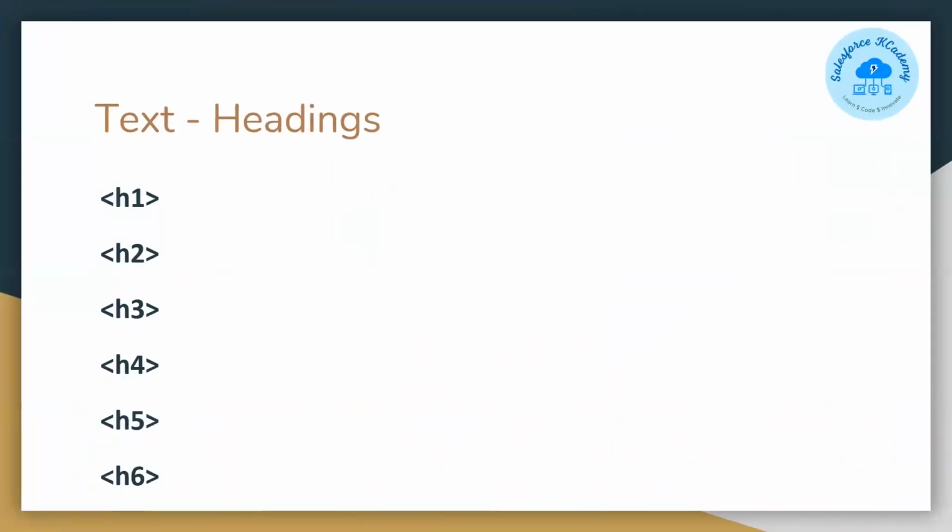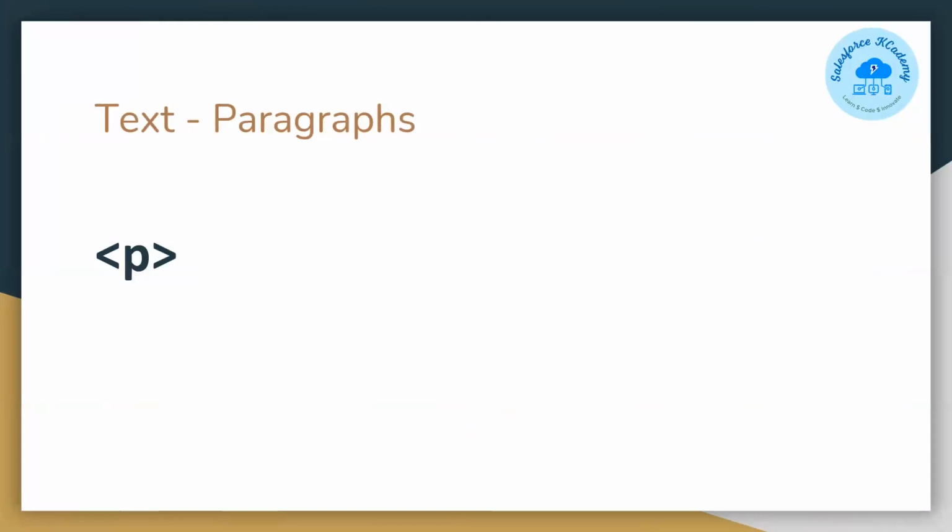Now then we have seen the text headings from H1 to H6. Then we have seen the paragraphs, and we have seen the examples. Then we have covered bold, italic, superscript, and subscript tags.